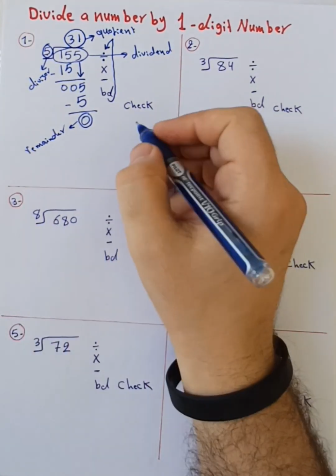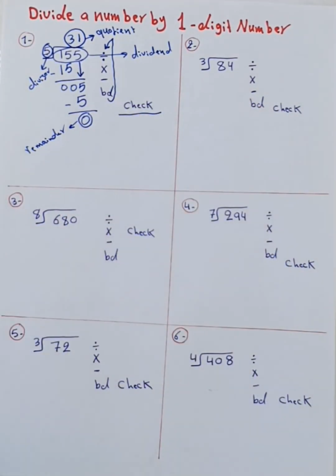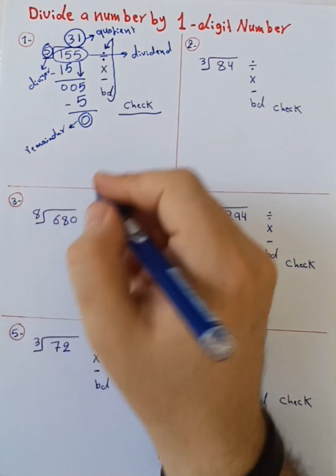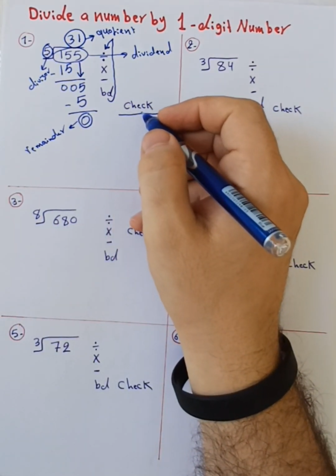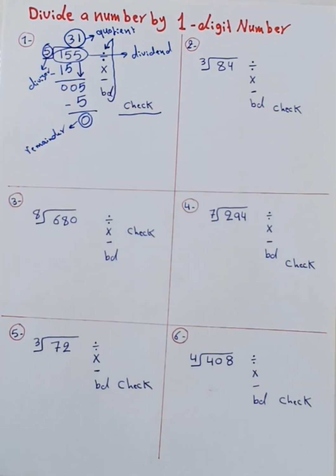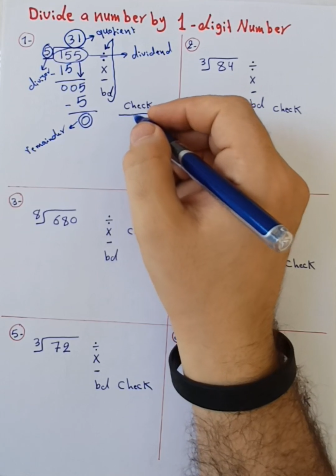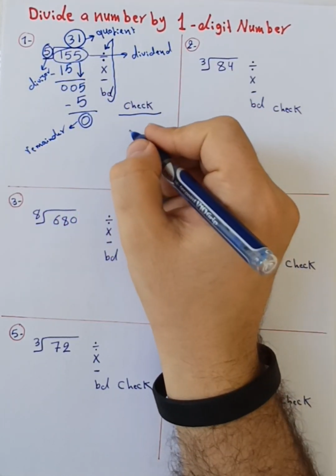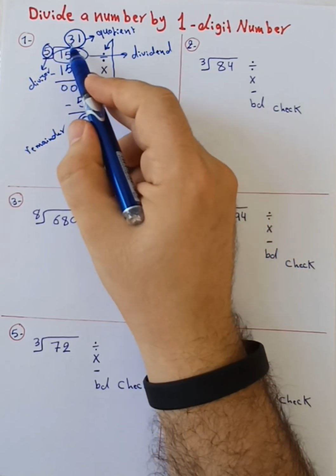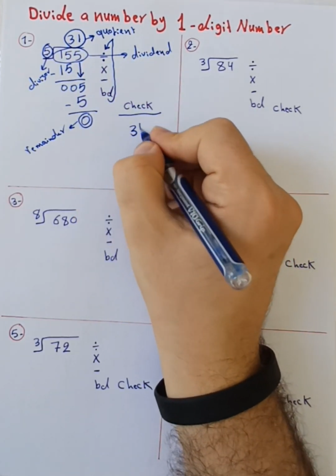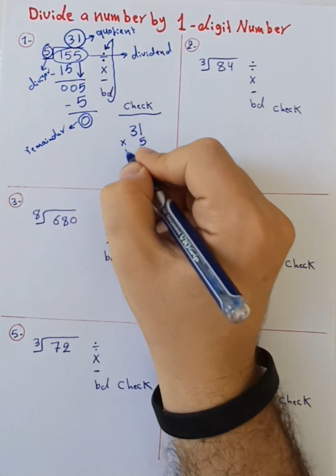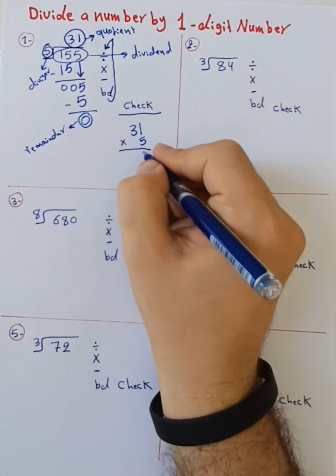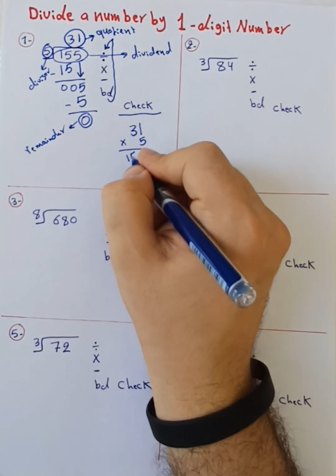After long division, after we find the quotient, we have a check step. This check step tells us whether our quotient is correct or incorrect. In check step, we have to multiply the divisor by the quotient. The divisor is 5 and the quotient is 31. 31 times 5. 5 times 1 is 5. 5 times 3 is 15.